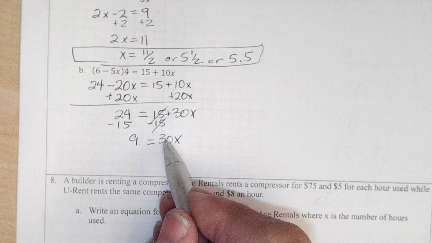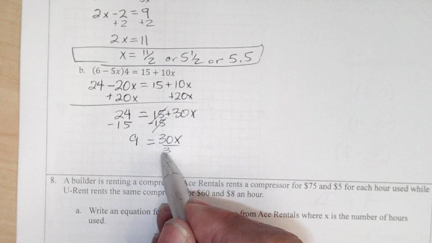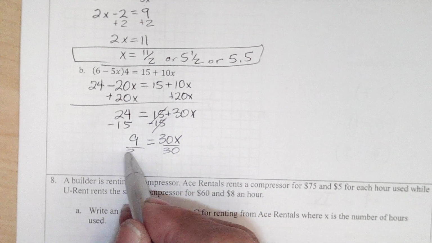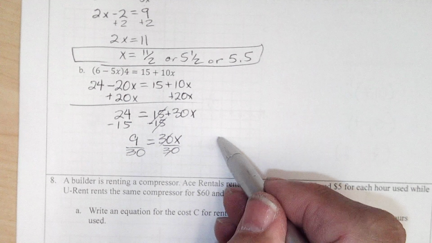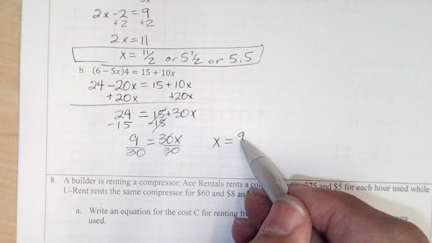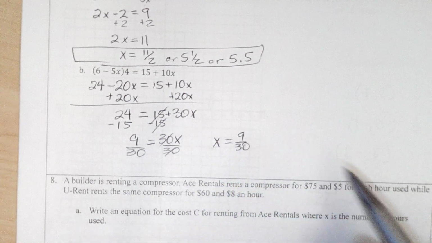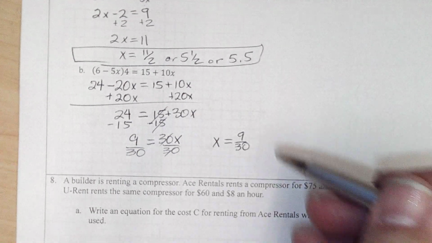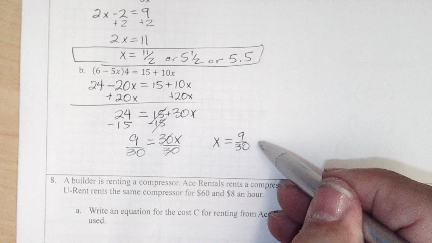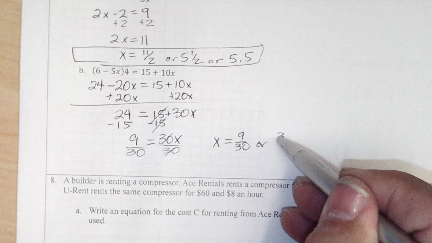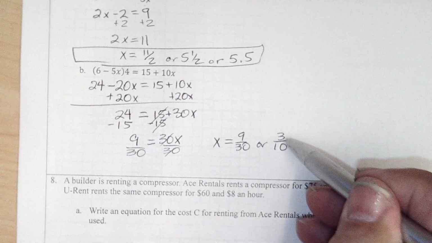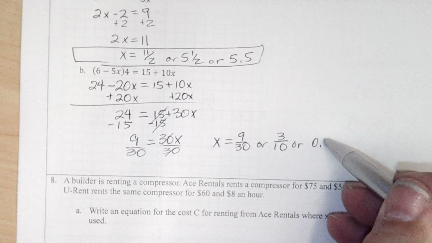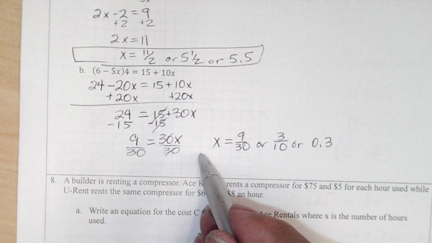So now it's 30 times x, so I divide by 30. And the 30s cancel, and I get x equals 9 over 30, which would have been an acceptable answer. 3 goes into both of those. So it could have been 3 over 10, or in decimal, 3 divided by 10 is 0.3. Any of those.